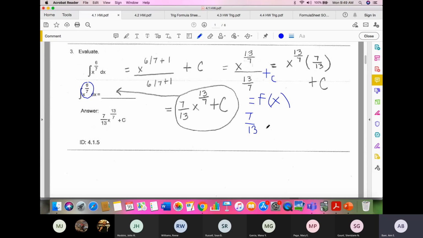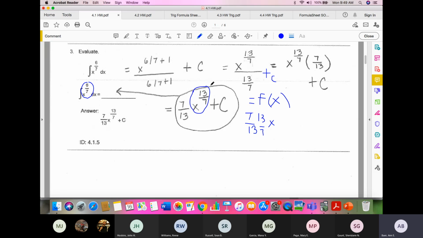7/13, that's the number multiplier. Let's write it down and take the derivative of the rest. So now we've got to differentiate x to a power. That 13 over 7 comes down front. And then we have to write down our x.